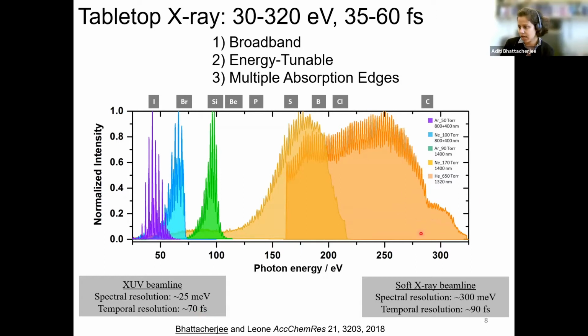Closer to the carbon K edge, we had a time resolution of about 90 femtoseconds and a spectral resolution of 300 meV, which we did not work too hard on, but this can be worked upon further.